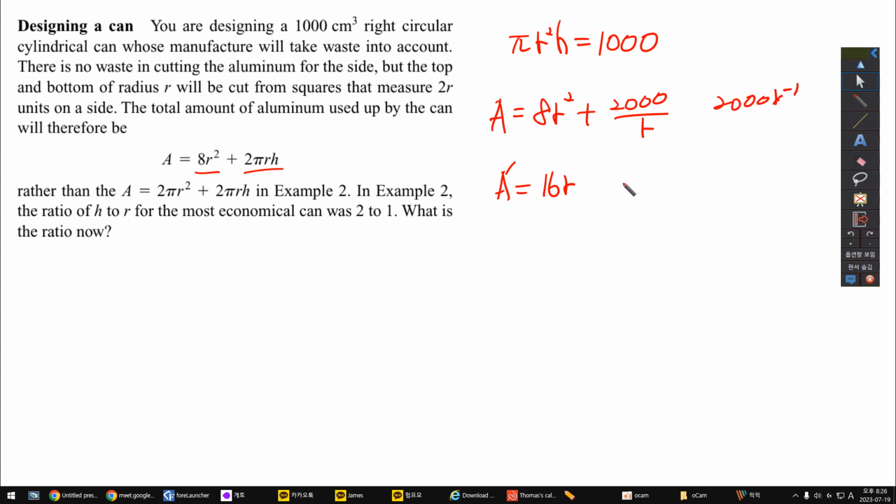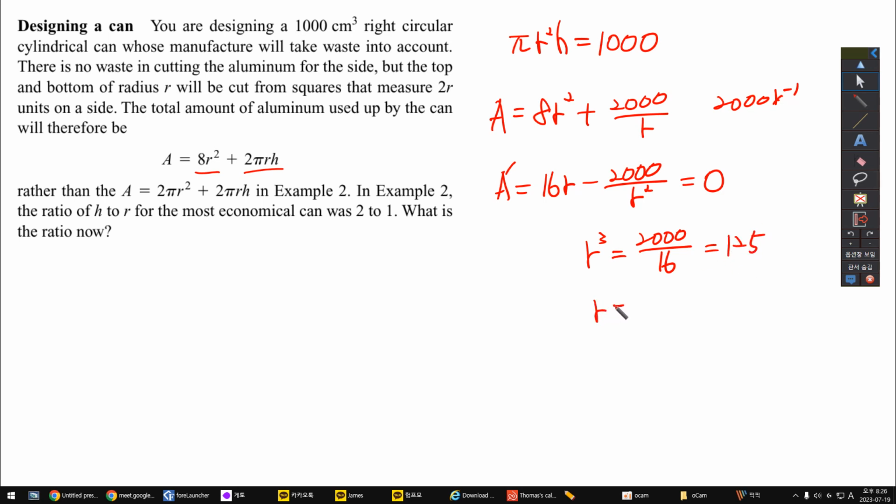Yeah. 2000 r over r squared. You're right. So that's the first derivative, and this should be 0. That means r cubed is... Let's simplify this first. That's 125.